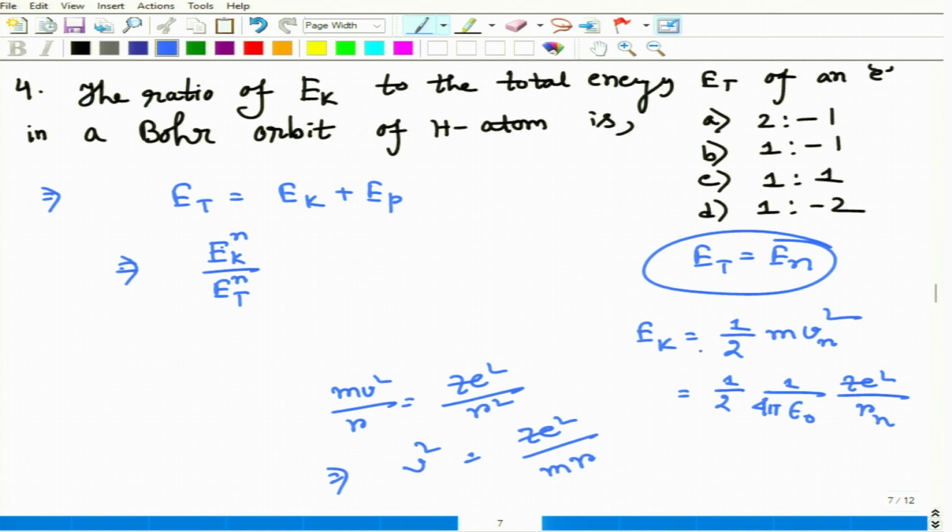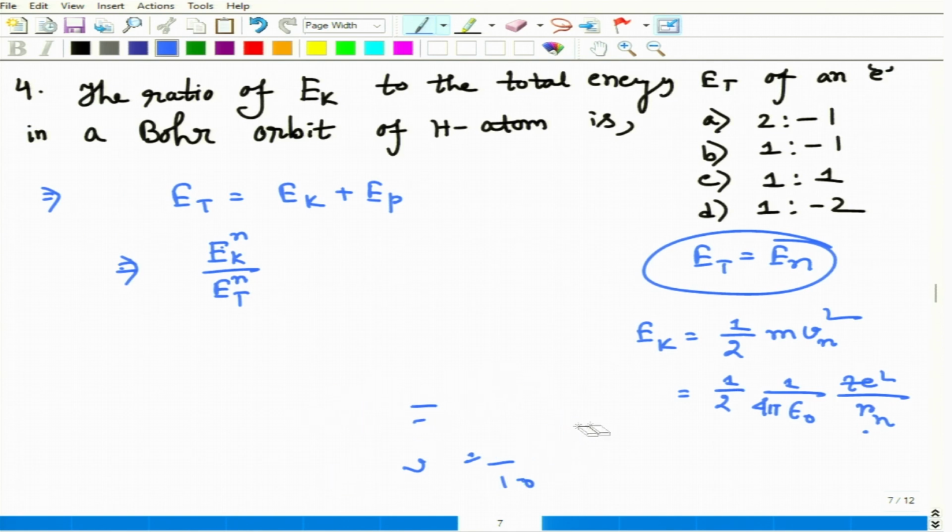Now we need that EK. 1 by 4 pi epsilon naught will be there for SI unit. If you put it here, you can obtain this equation, and this is straightforward, right? So this is EK. And what will be the EP, the potential energy part? It will be minus Z square by Rn with 4 pi epsilon naught. This will be the formula.